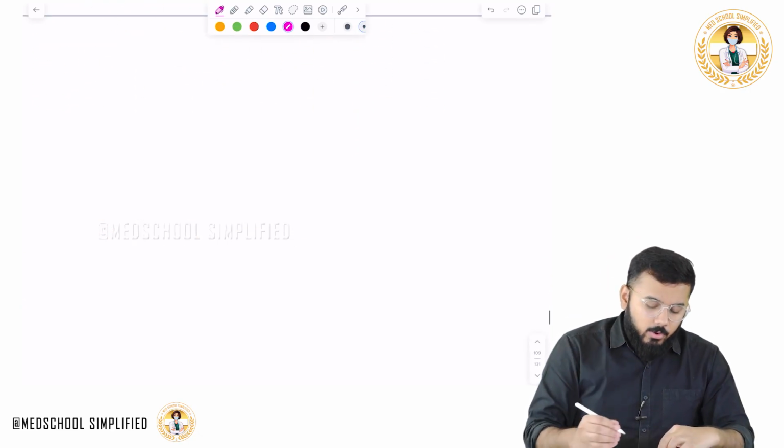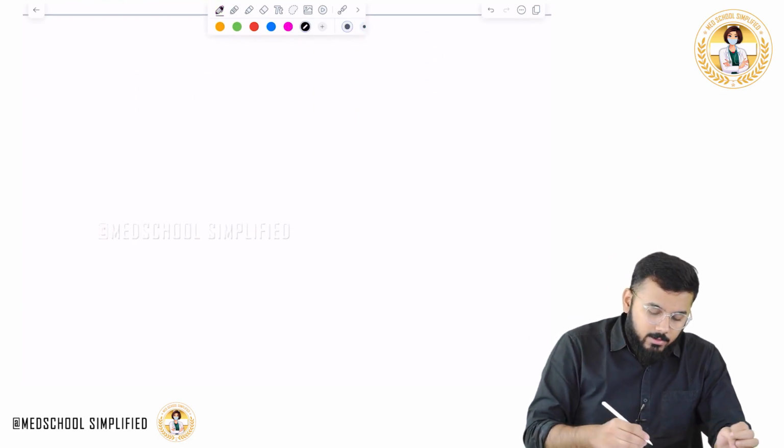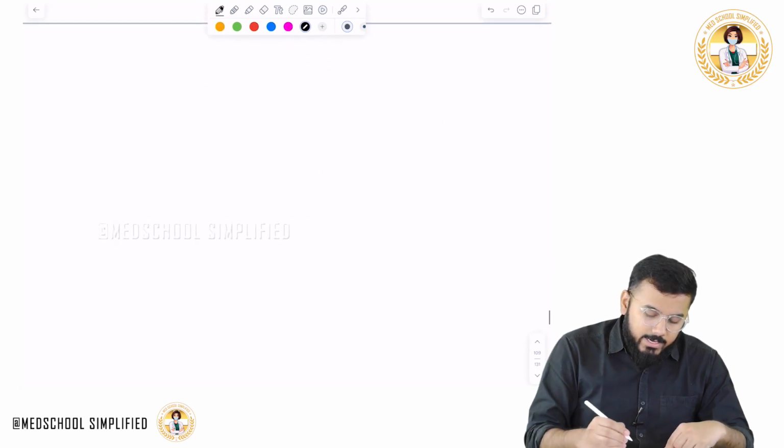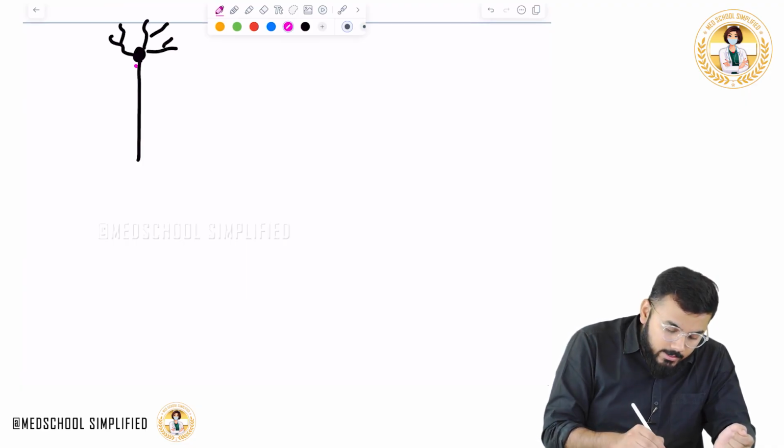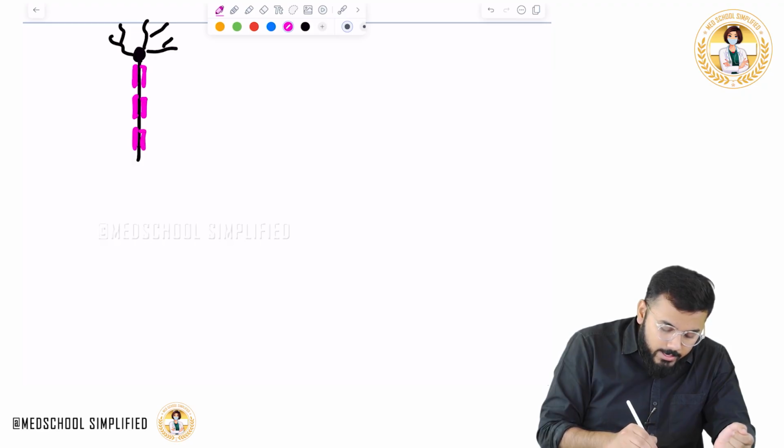Okay. And the second important thing you need to know is that, for example, if I take a neuron like this, this is a neuron. These are your dendritic processes. So let us say that this part over here is your myelinated neuron.